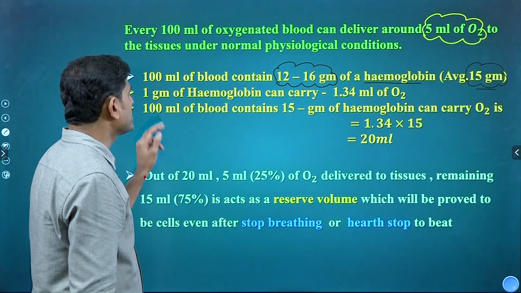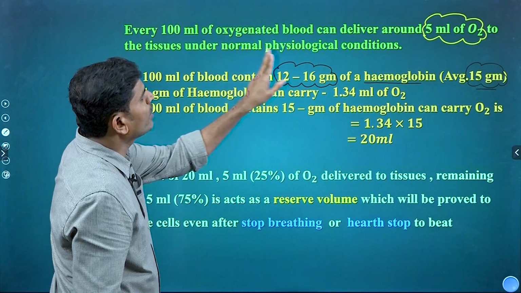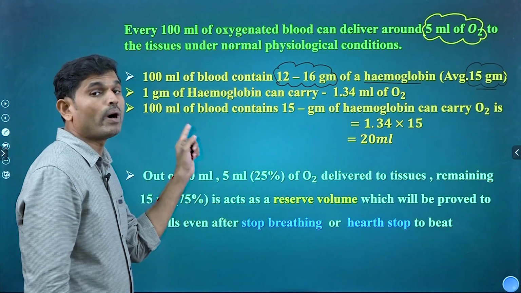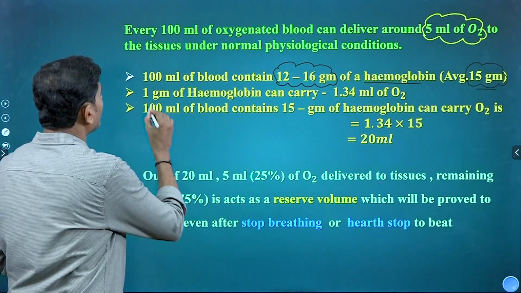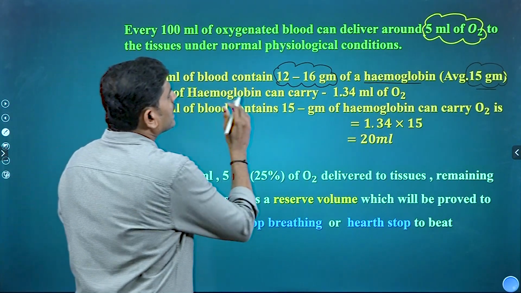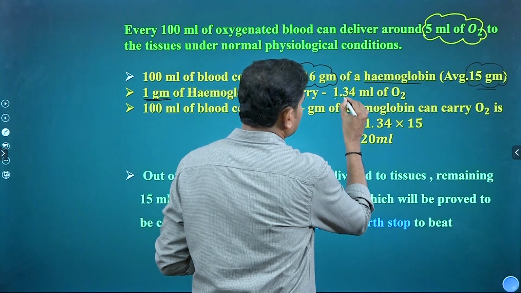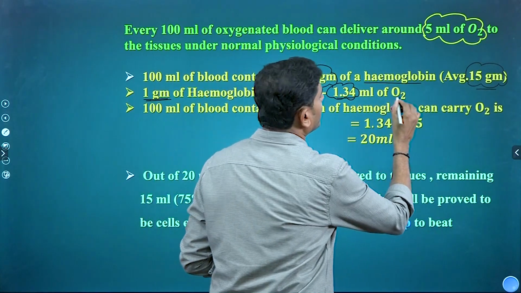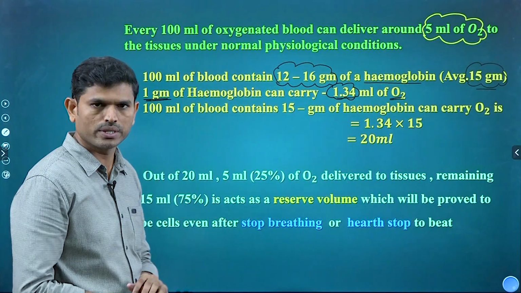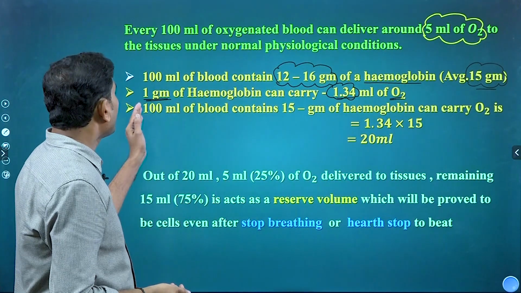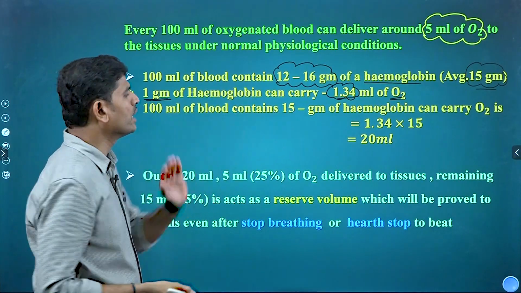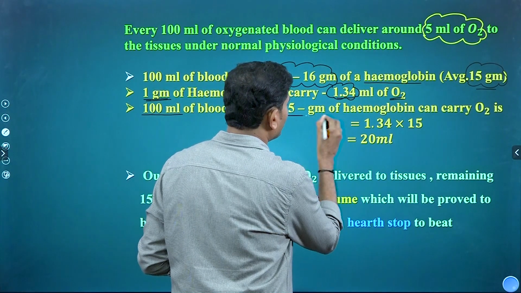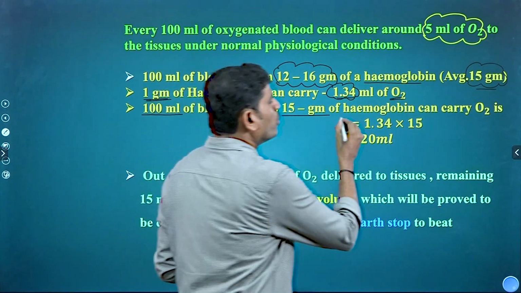And the second point: 100 ml has on average 15 grams of hemoglobin, and 1 gram of hemoglobin can carry 1.34 ml of O2. Now 100 ml of blood contains 15 grams of hemoglobin.